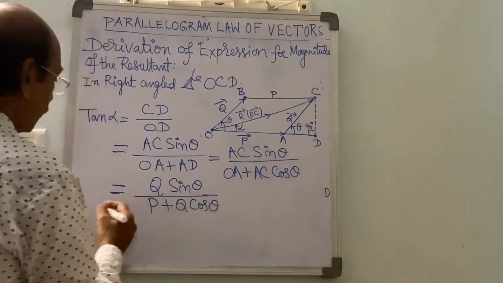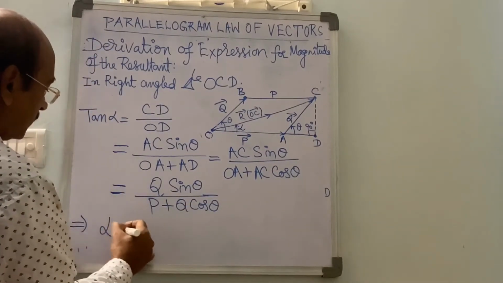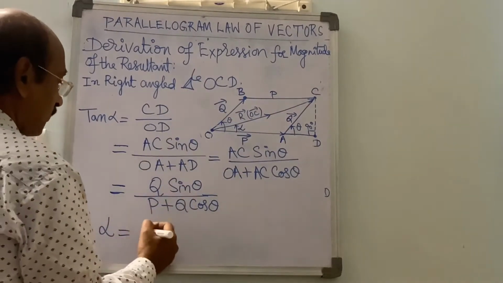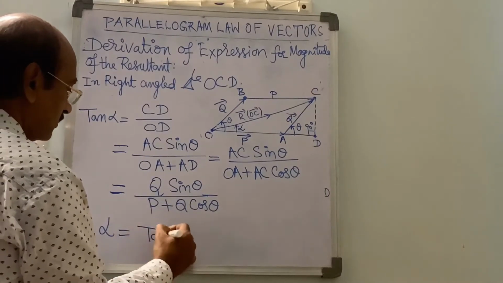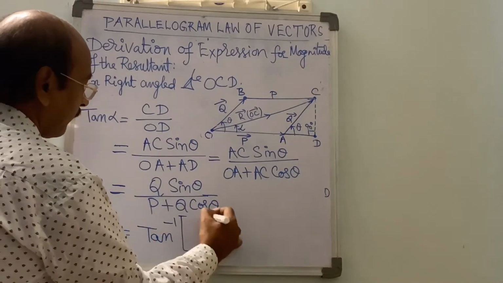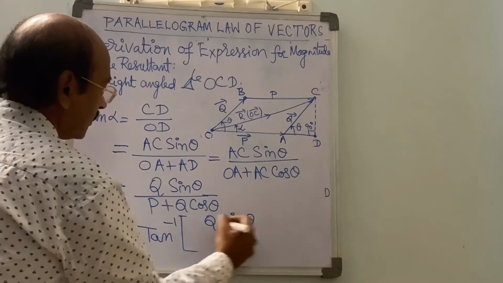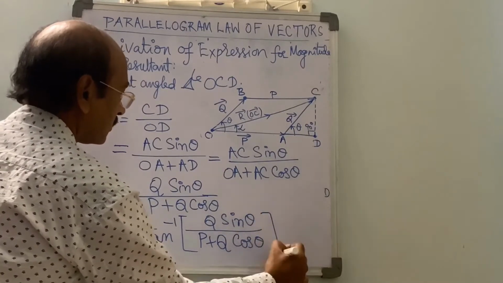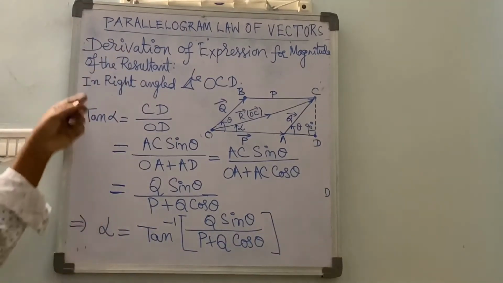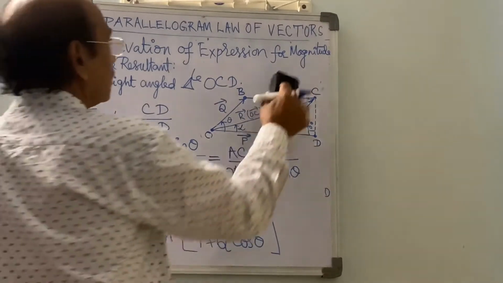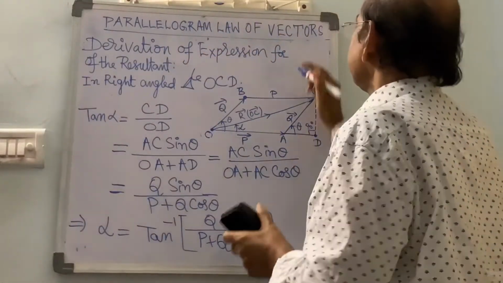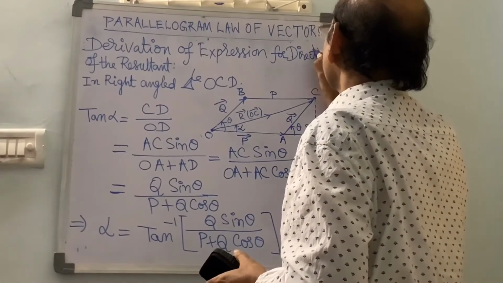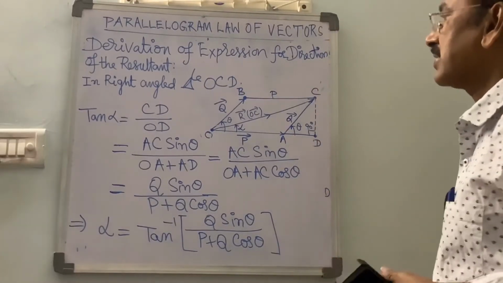So direction of the resultant is given by the angle. Therefore, alpha is equal to tan inverse q sin theta by p plus q cos theta. This is the expression for direction of the resultant.